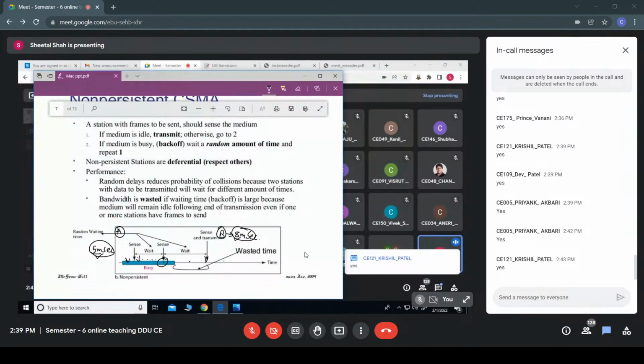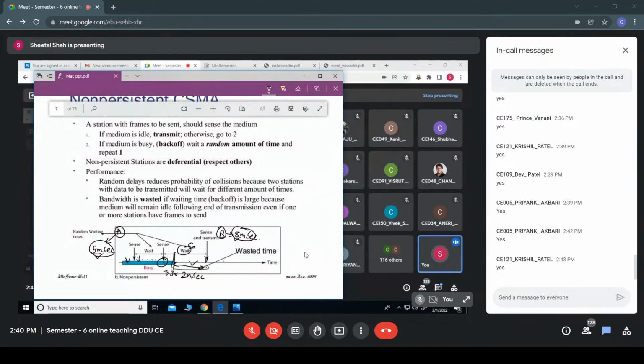The problem with this is that some of the bandwidth or some time would be wasted. For example, here it takes around 5 milliseconds as a random period, and here it may take 8 milliseconds. Assume that at time t equal to 3 milliseconds, the channel has become free. But station A would sense only after 5 milliseconds. So from 3 milliseconds to 5 milliseconds, this 2 milliseconds would be wasted because the channel is idle.